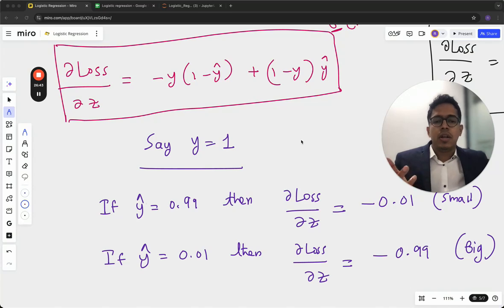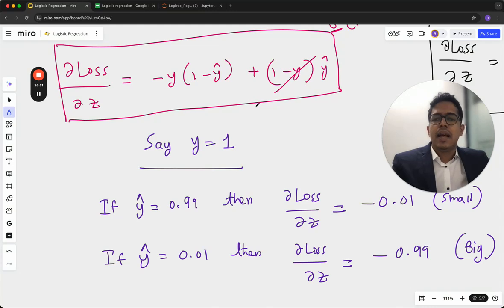So let's substitute these numbers. y equal to 1 means this term is gone. If y cap equals 0.99, 1 minus y cap will be 0.01, and minus y means it will be minus 1. So it will be minus 1 times 0.01, which is minus 0.01.